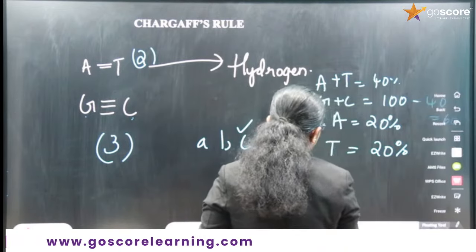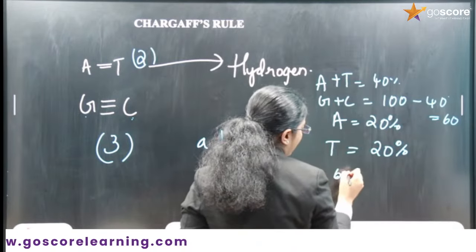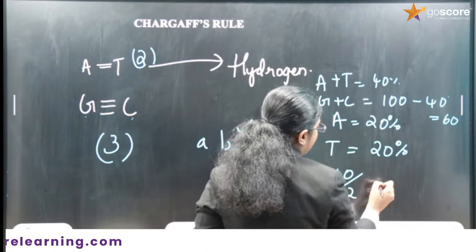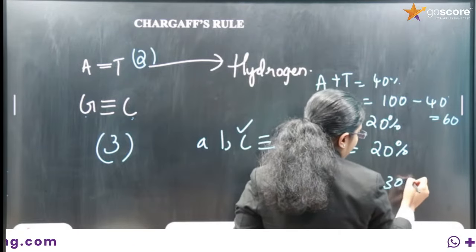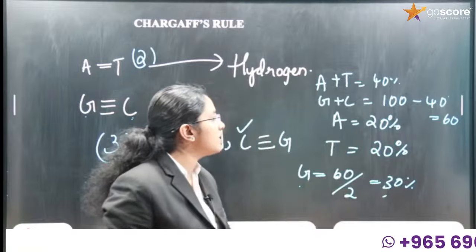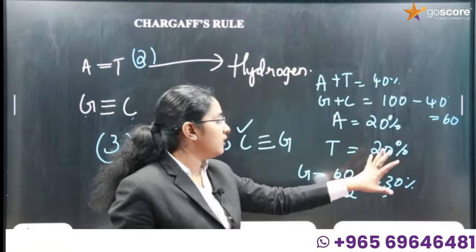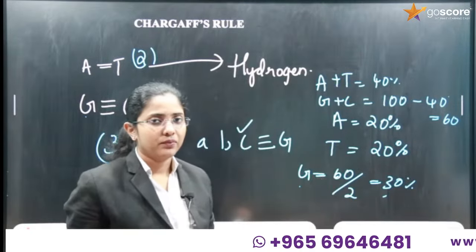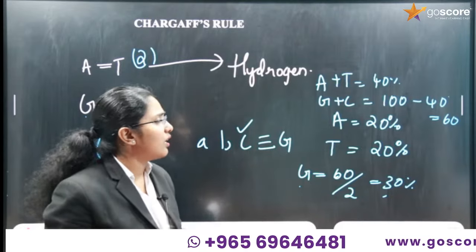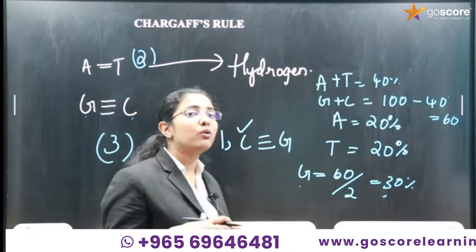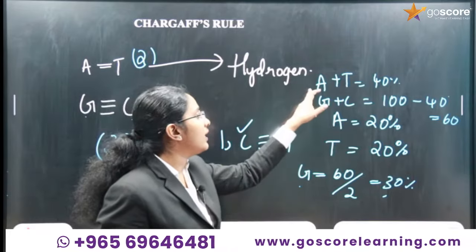Guanine will be 60 by 2, that is 30%. If guanine is 30%, then cytosine will also be 30%. If the question asks for the amount of purines, then you add adenine and guanine.